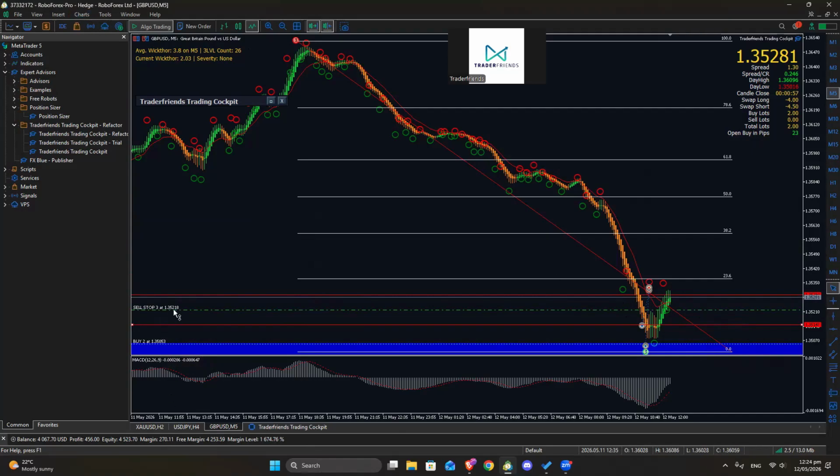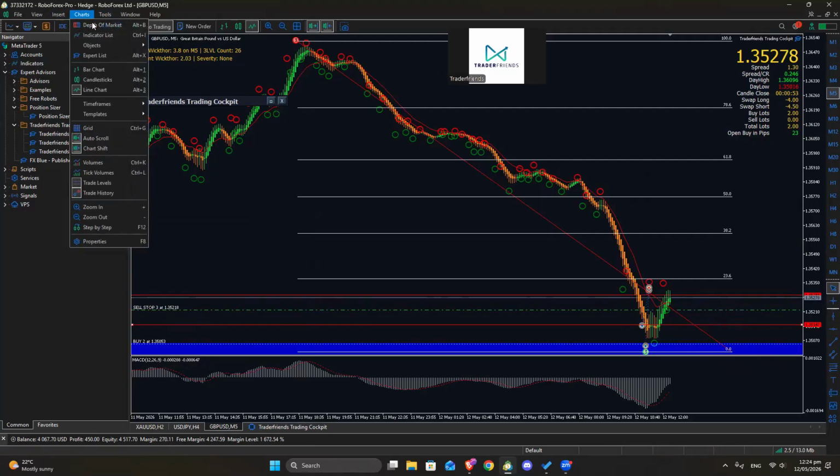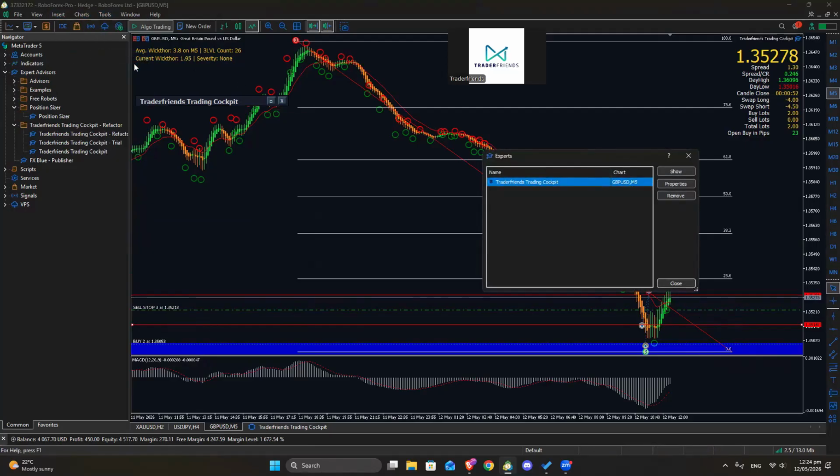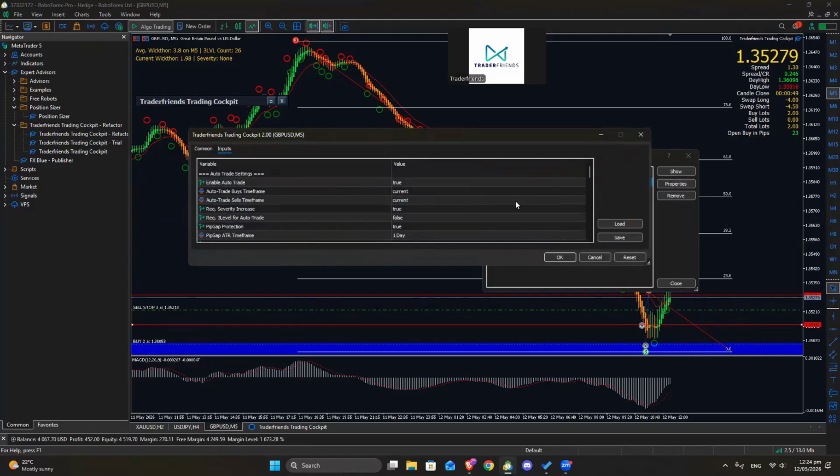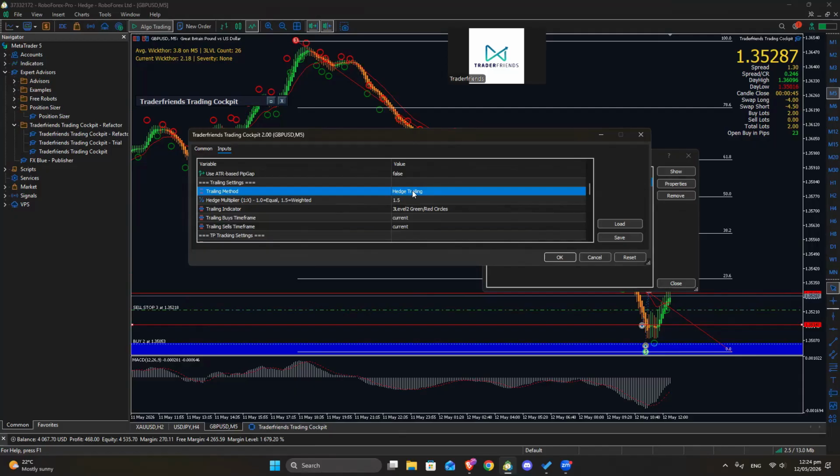But if you don't want to have a weighted sell stop, you can just modify that in the expert list, click on properties, and then go down below. You keep hedge trailing, but you can also do stop loss trailing, and then you don't have a weighting.